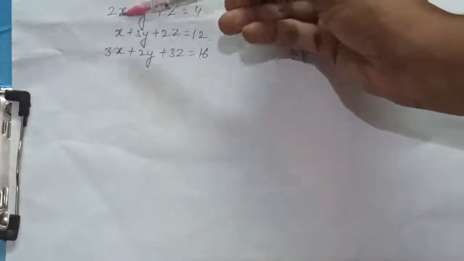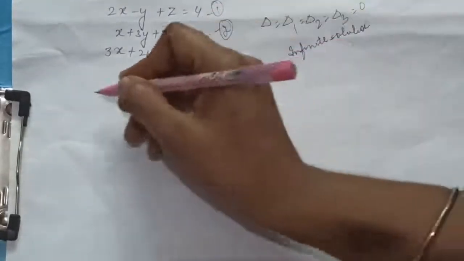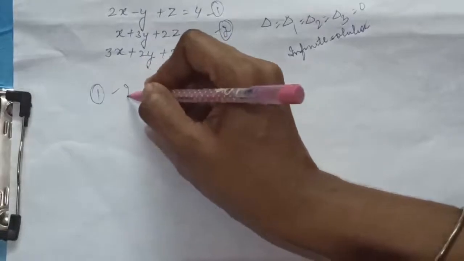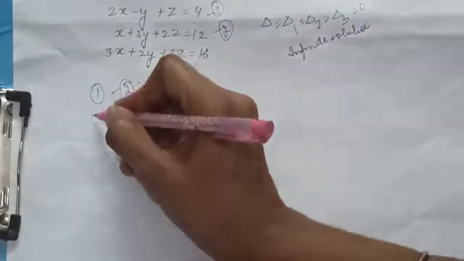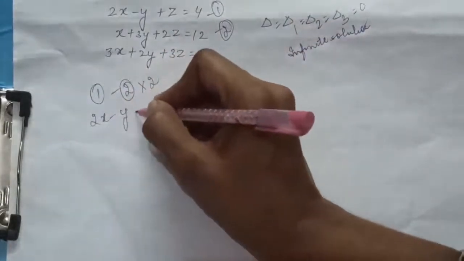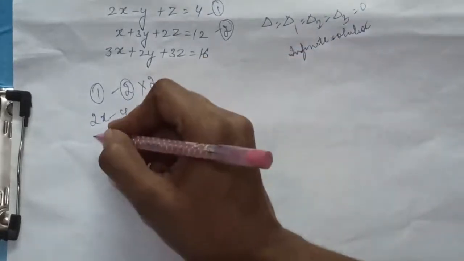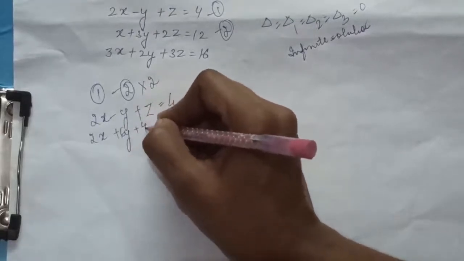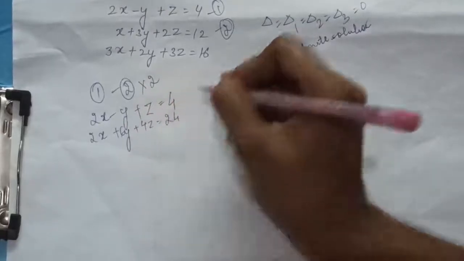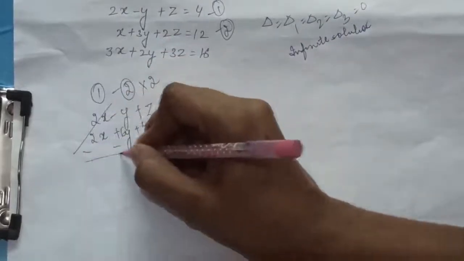I am starting with these two equations, equation number 1 and equation number 2, and I am subtracting these equations, but I am multiplying my second equation by 2 so that my x gets deleted. So the first equation will be the same and the second equation will be multiplied by 2, so it will be 2x plus 6y plus 4z equals 24. So I am subtracting, changing all the signs. This will be deleted.